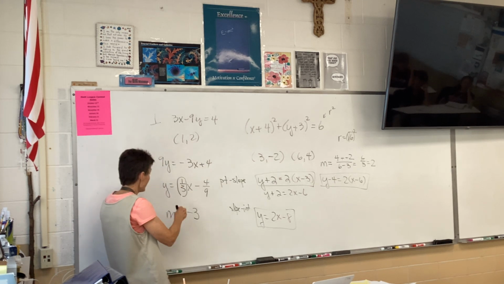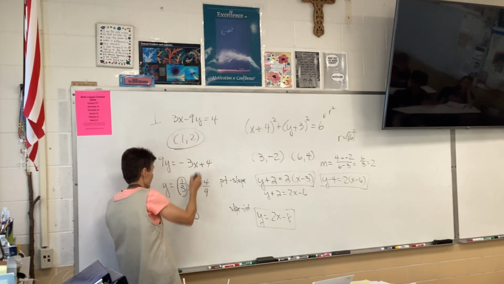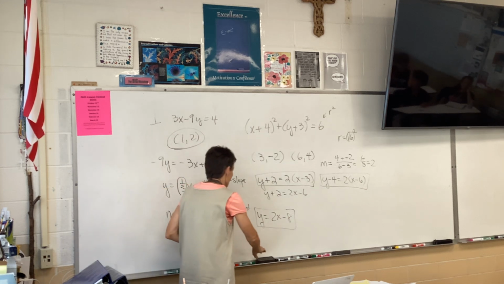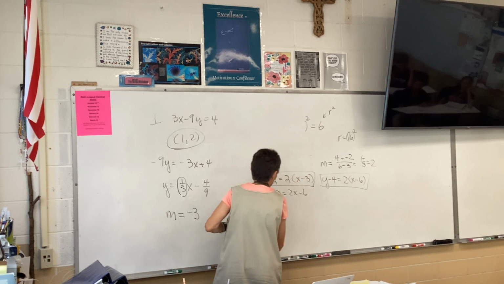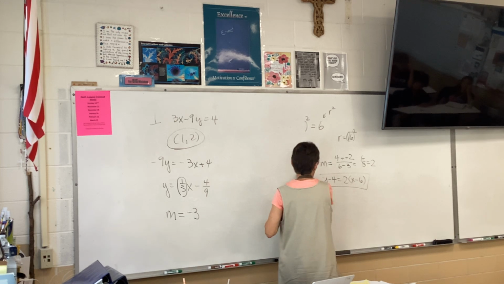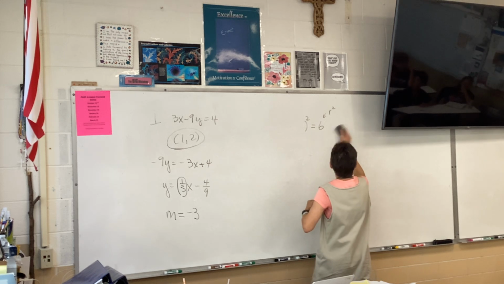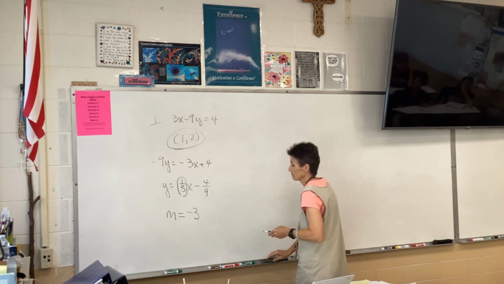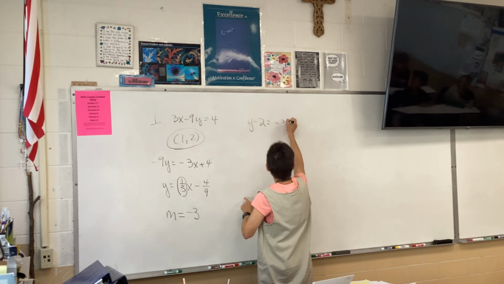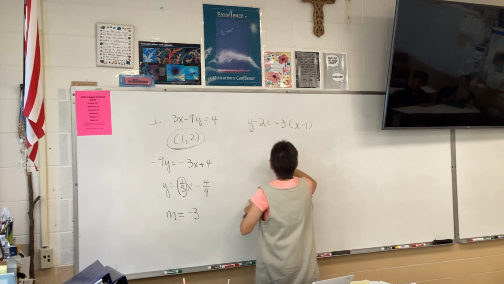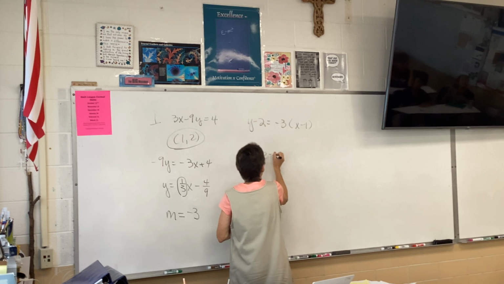And then we're going to go ahead using this point and that slope. We're going to write our equation. Y minus 2 equals -3 times x minus 1.